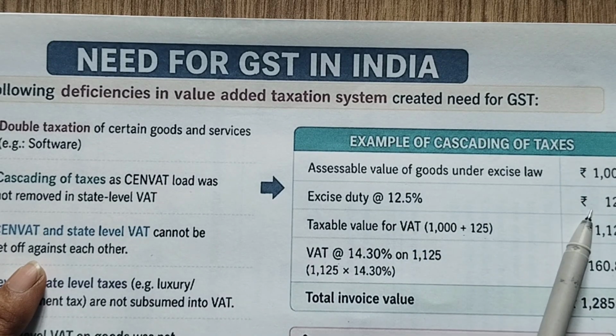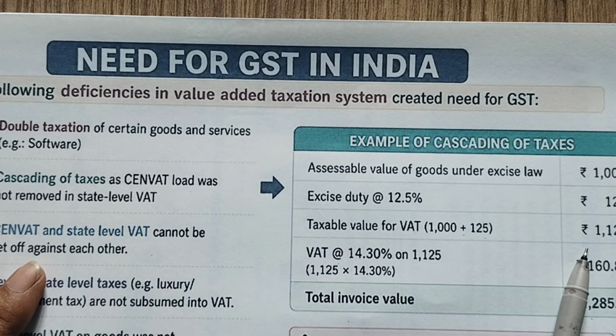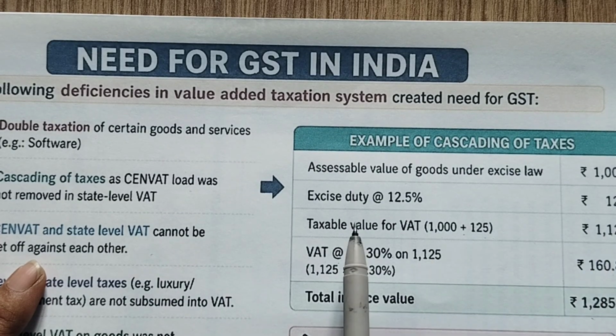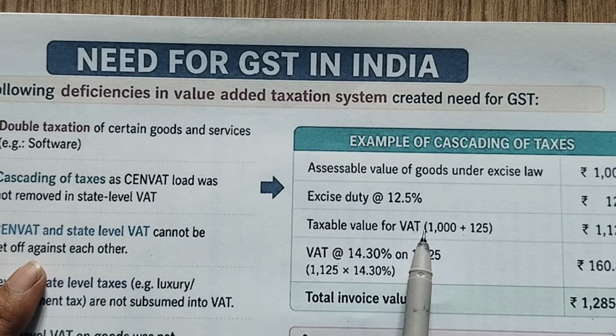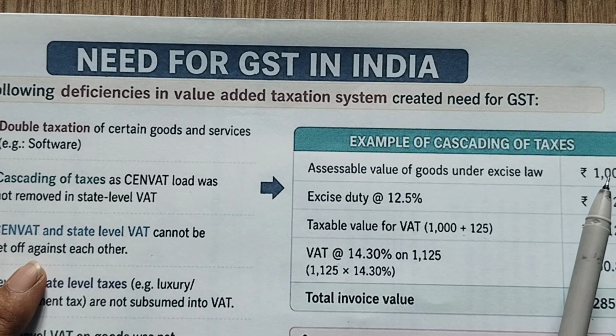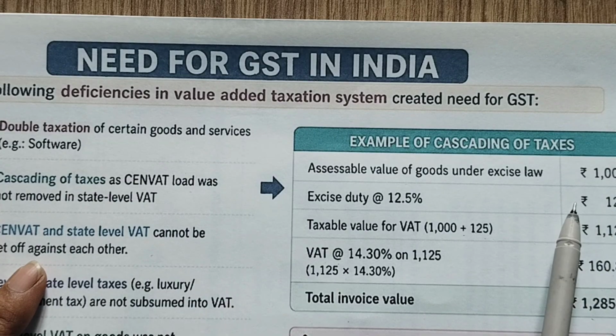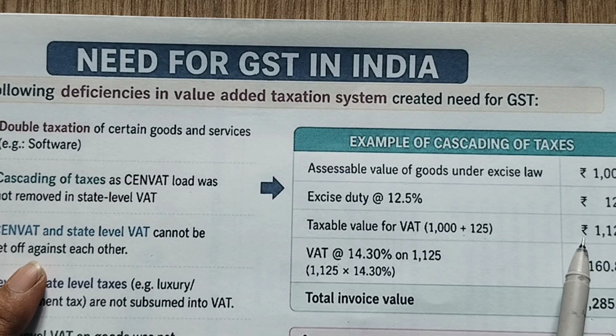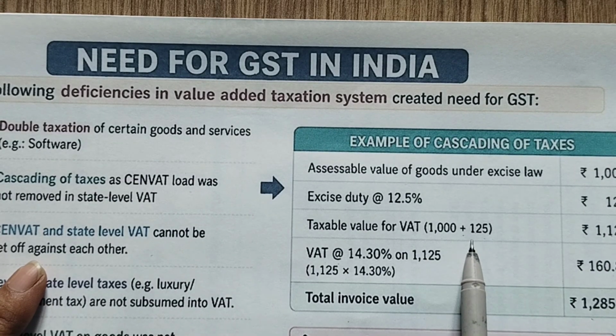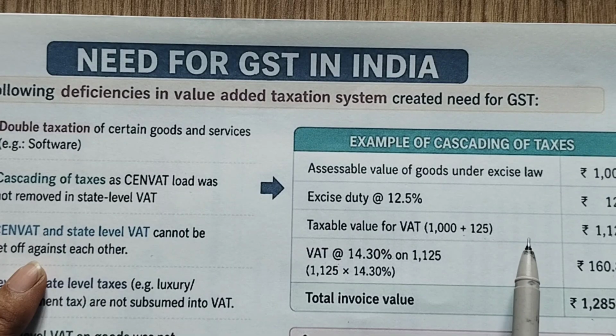So 1,000 plus 125 becomes 1,125. Now, on this, VAT will be calculated. See, you are supposed to calculate on the assessable value, but here, on the total value after adding the excise duty amount, you are calculating VAT. This is called cascading, tax on tax.